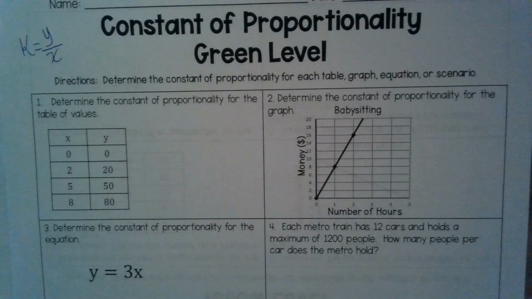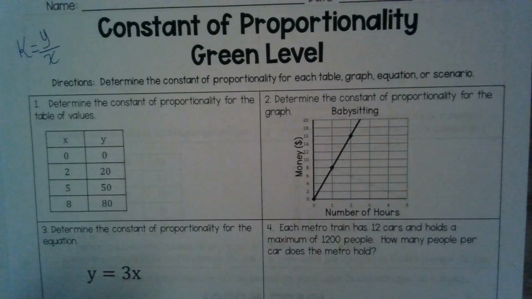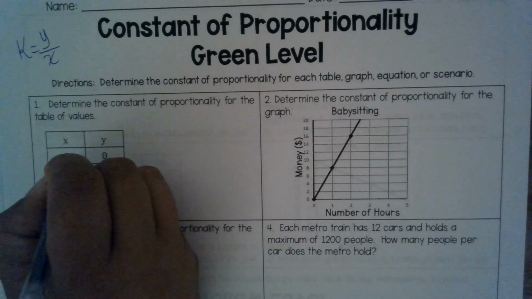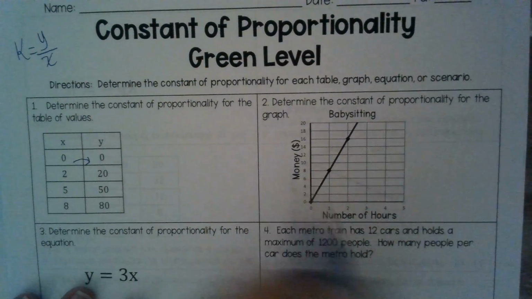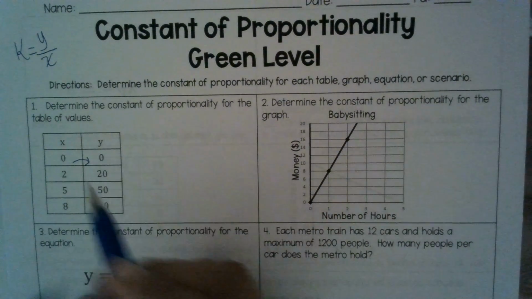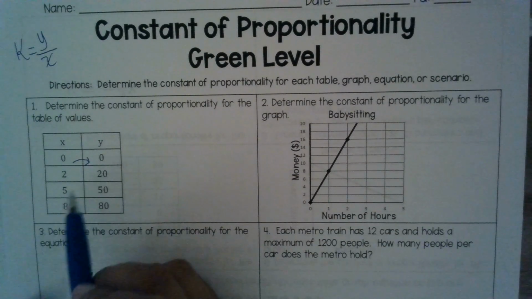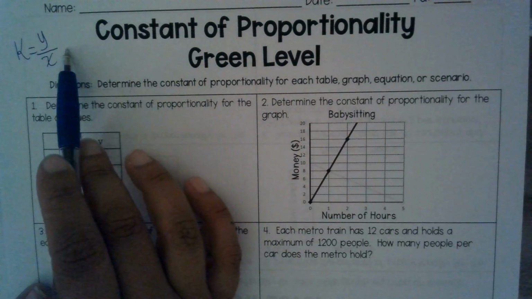You can't just look at one set of values and say, that's my magic number. No, okay? You have to follow this numerous times. So for instance, some of us can probably figure out 0 times whatever is 0. We automatically would have assumed 0 times 0 is 0, right? But that doesn't work when I go from 2 to 20 or 5 to 50 or 8 to 80. So this is why you need to use this formula.